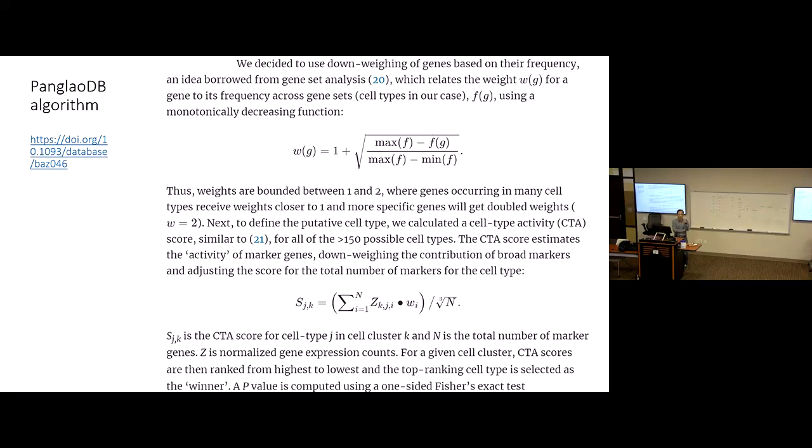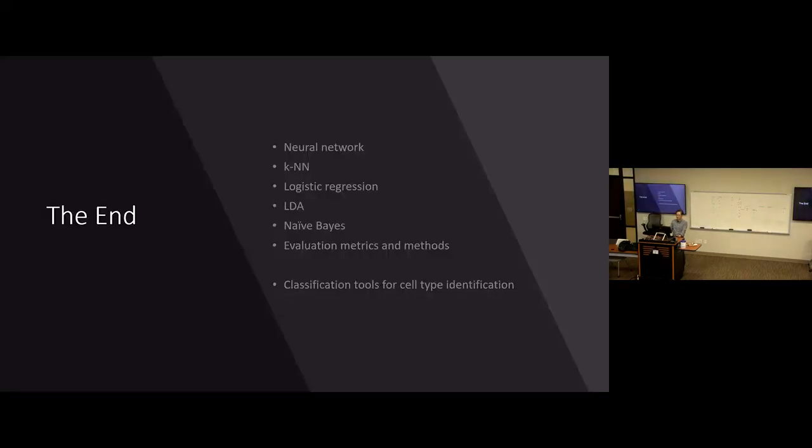In the database, we have about 140 different cell types. For any given cluster, we compute a score for each of these cell types. The highest score will indicate this group is most likely to be that particular cell type. So that's what we did, following this paper.